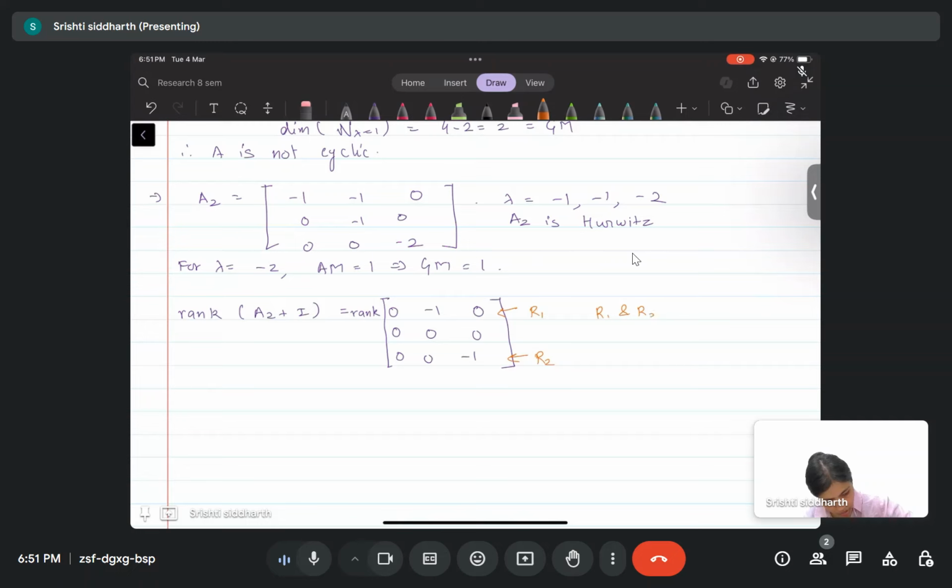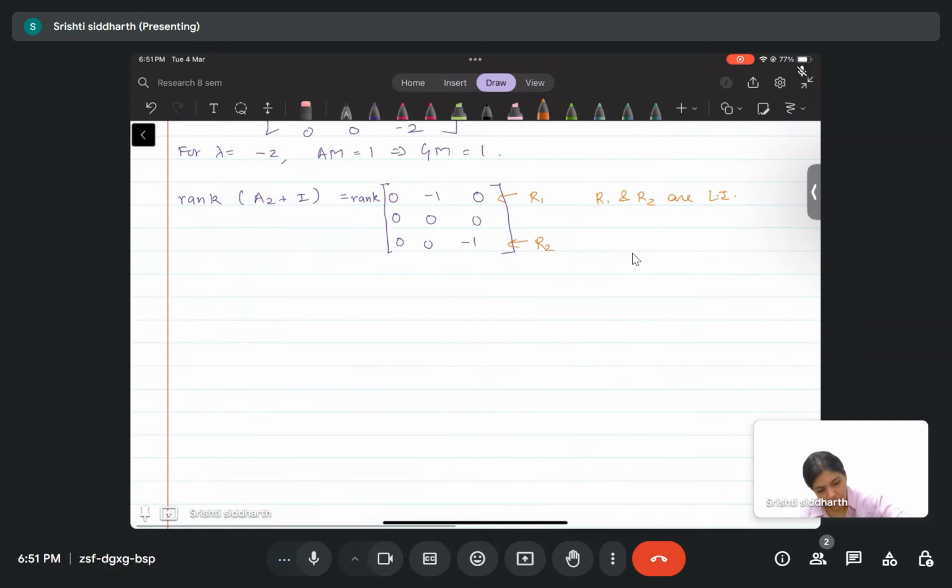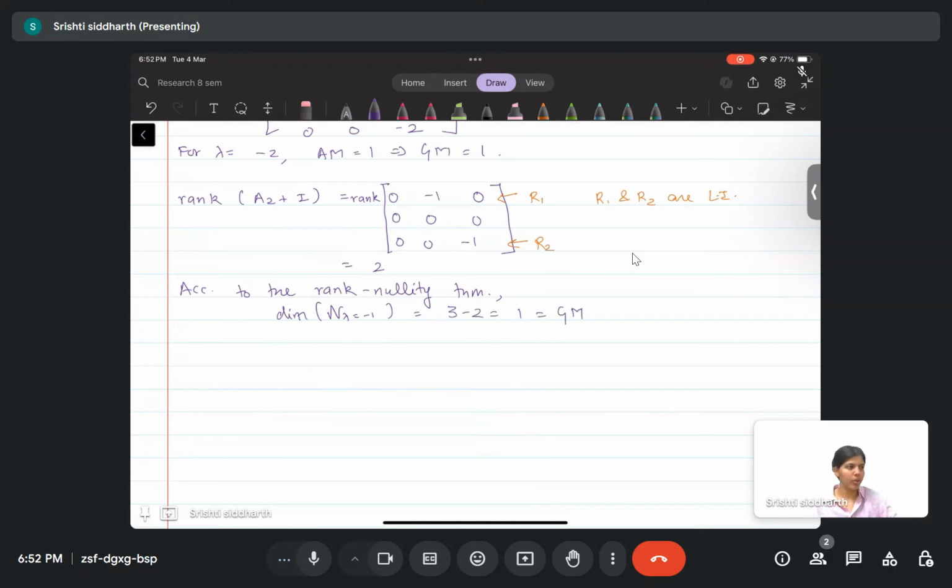So R1 and R2 are linearly independent. So the rank is 2. And again, according to the rank nullity theorem, the nullity corresponding to -1 equals 3 minus 2, which is 1, the geometric multiplicity. Therefore, we have that the matrix A2 is cyclic.